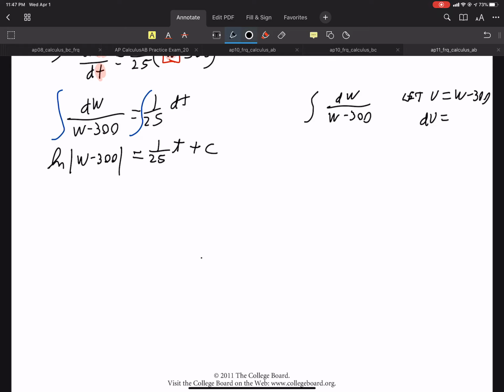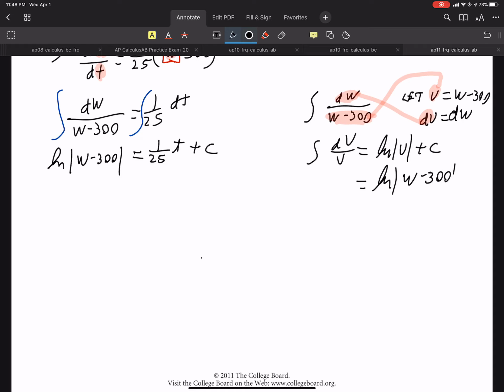So du is just dw. So replace that with that, and that with u, and you would get du over u, which is ln absolute u plus c, which is ln of w minus 300. So this time it comes out nicely.